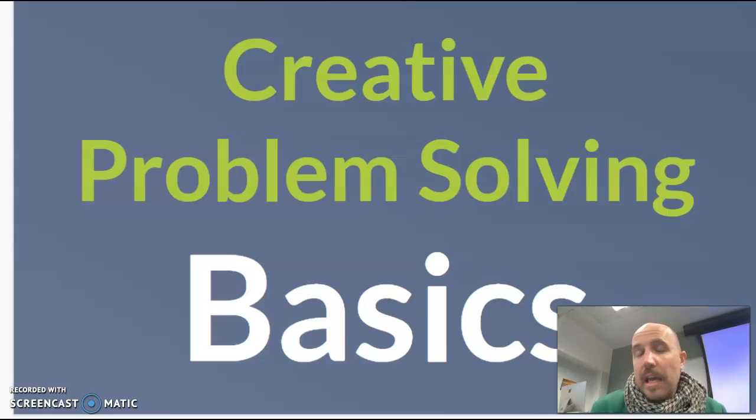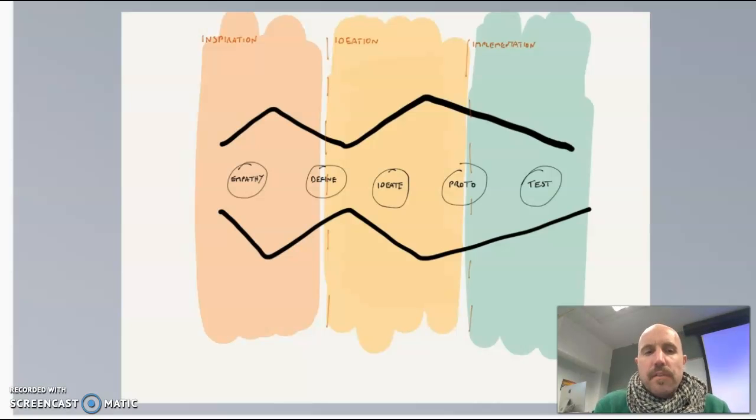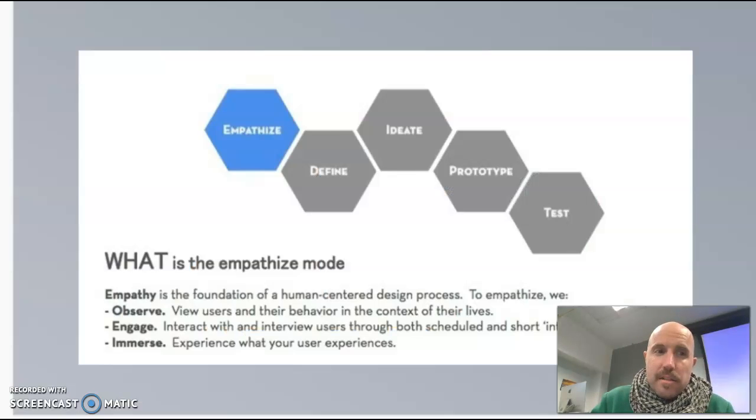Over the coming weeks, we're going to talk about these mindsets and attributes. But we do want to talk about the process first of what it means to be a creative problem solver. We look at it in 5 big stages, and I'm going to go through each of those 5 stages over the next couple slides.